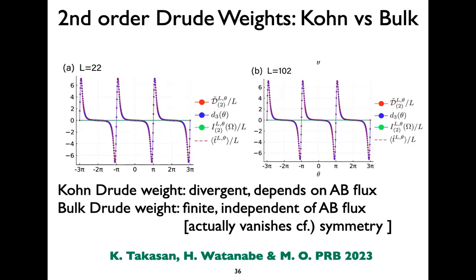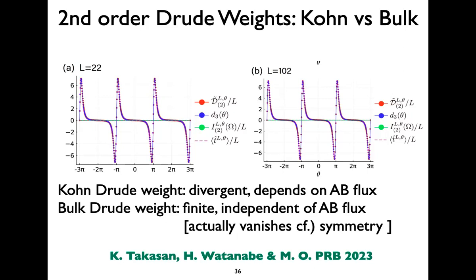But here, what we are plotting is a Kohn Drude-weight-like object divided by system size. So they look similar, which means that this Kohn Drude weight is diverging as you increase the system size. But if you include those low-frequency contributions, then the result is this green line, which is basically vanishing.